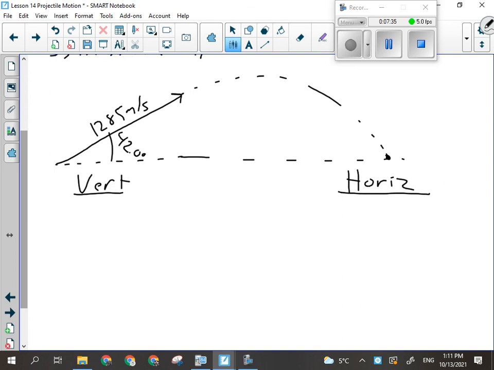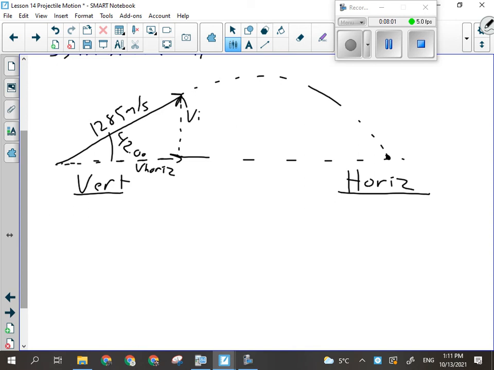Okay. That 1,285 meters per second, vertical or horizontal? Neither. It's 42 degrees above the horizontal. I'm going to use it to calculate the initial vertical velocity, which is its vertical component, and the horizontal constant velocity, which will be its horizontal component.